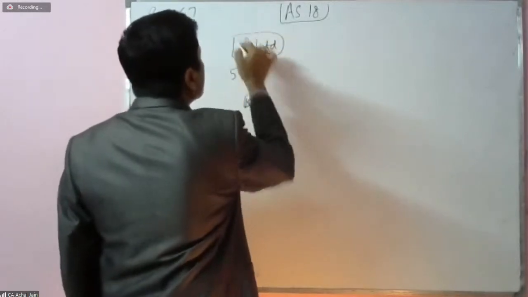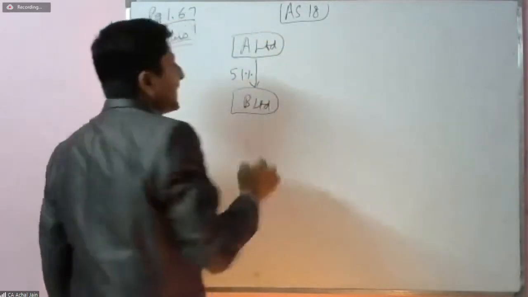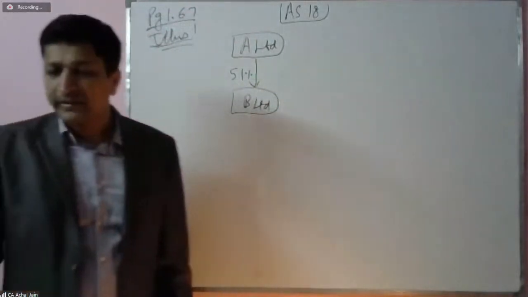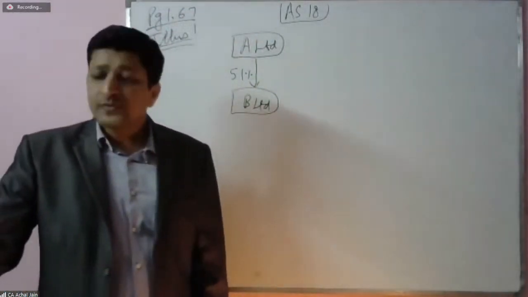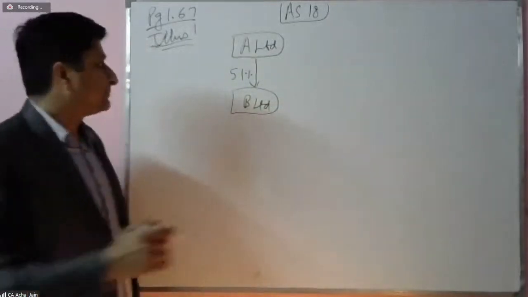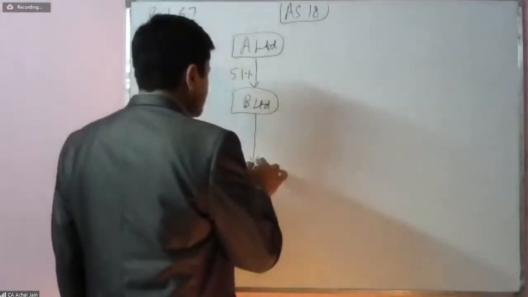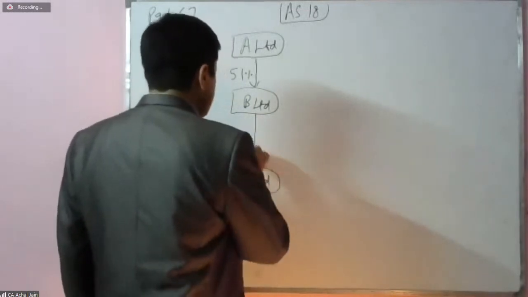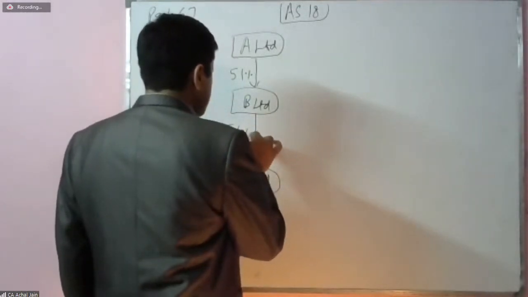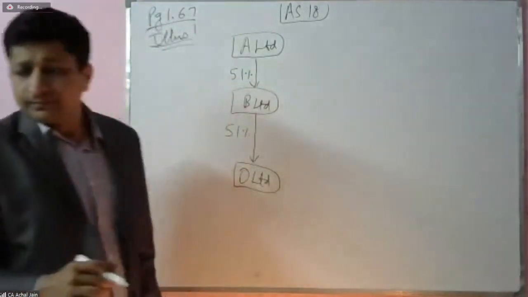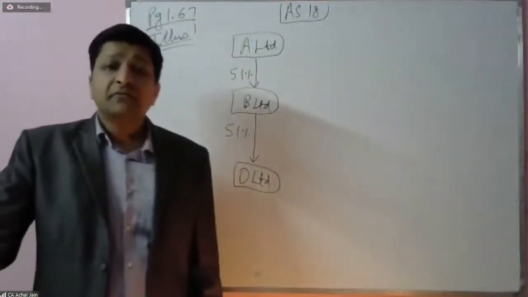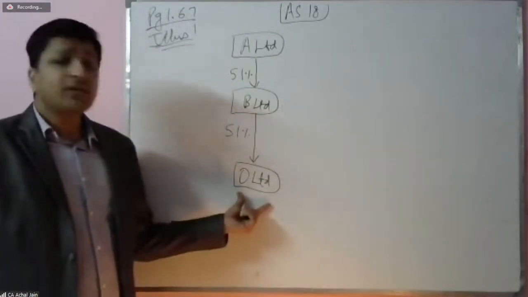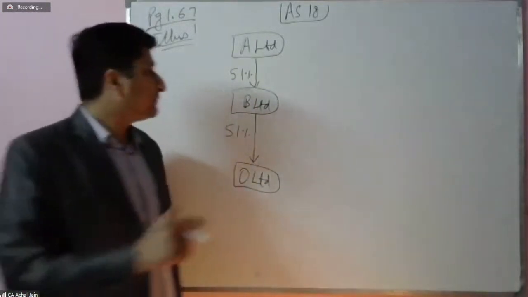So we have two companies, A Limited and B Limited. A Limited holds 51% of B Limited. B Limited holds 51% of O Limited. Then we also have Z Limited, who holds the remaining 49% of O Limited.